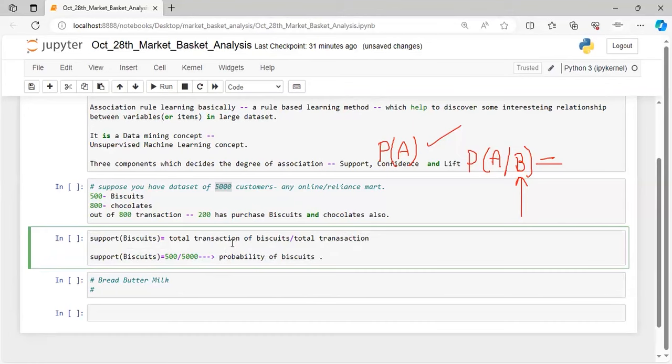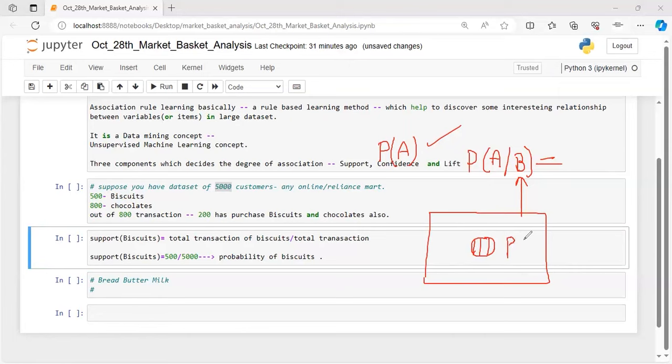Okay, so in terms of a Venn diagram, these are all the 5,000 transactions, and this belongs to biscuits. Suppose A is the biscuits.